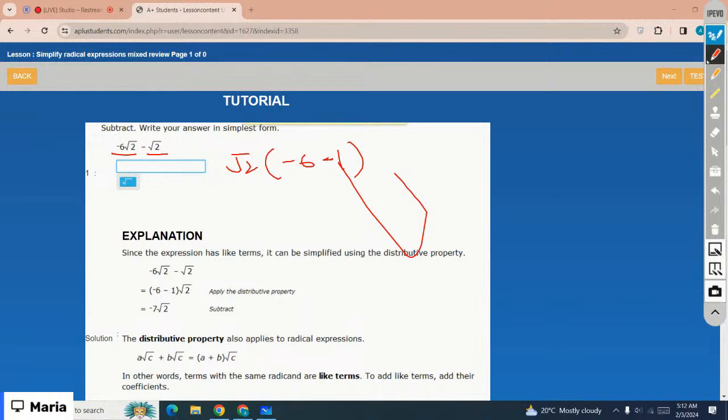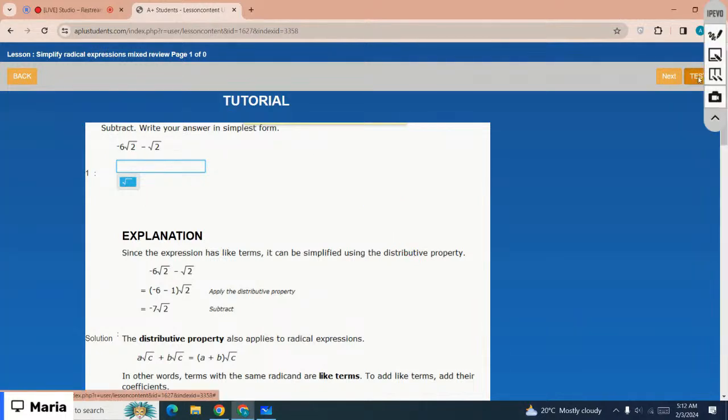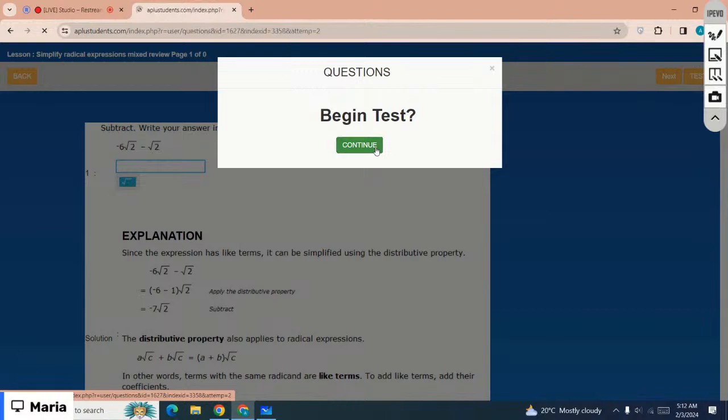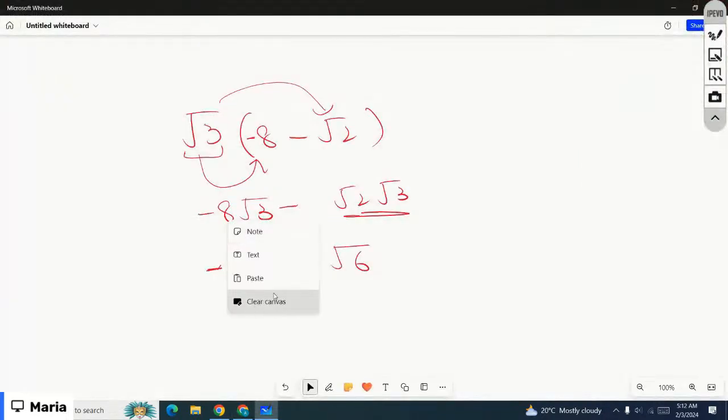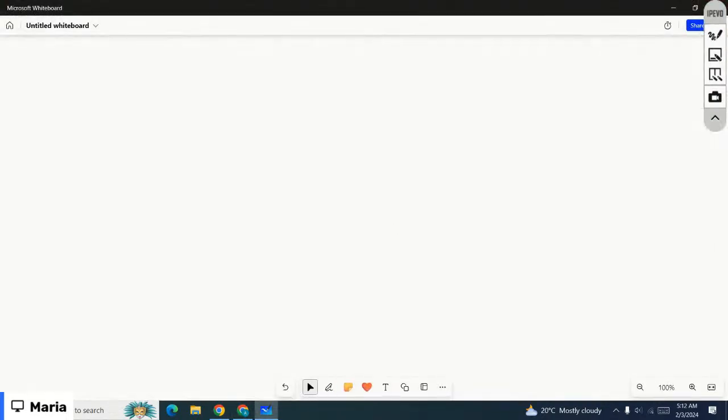Let's start with the test questions. Simplify square root 350. Basically, we have to make the prime factors of the number that is written inside the square root.